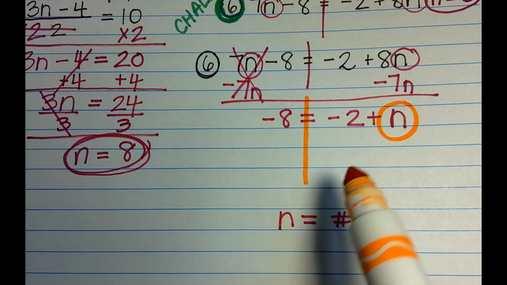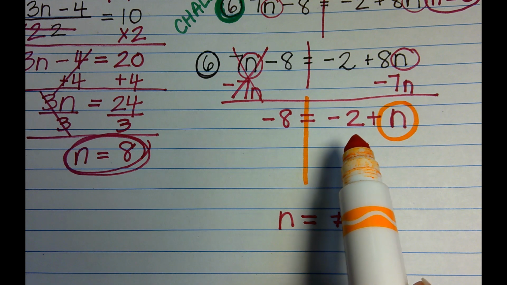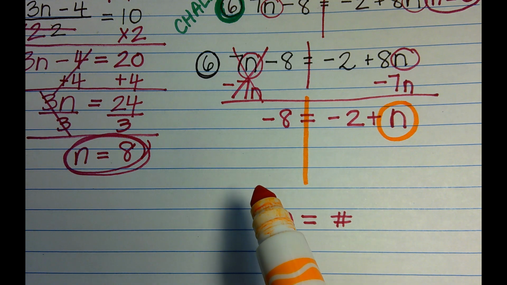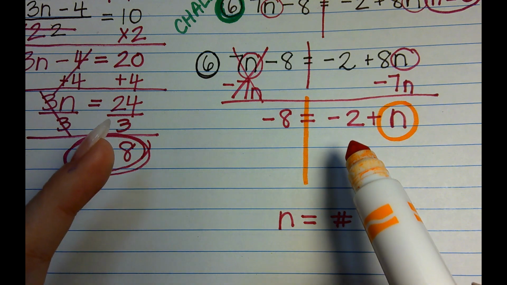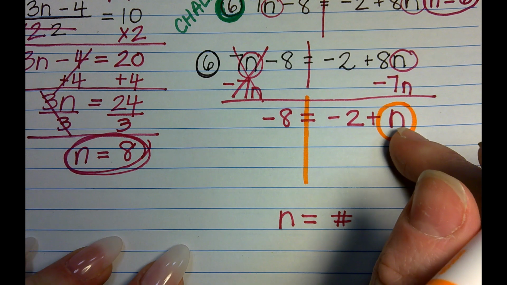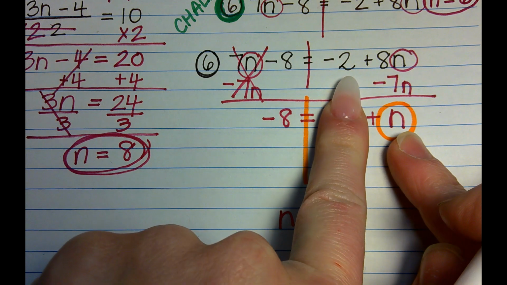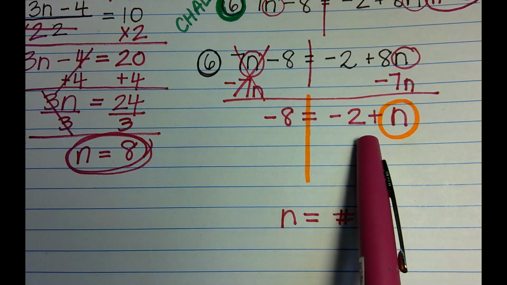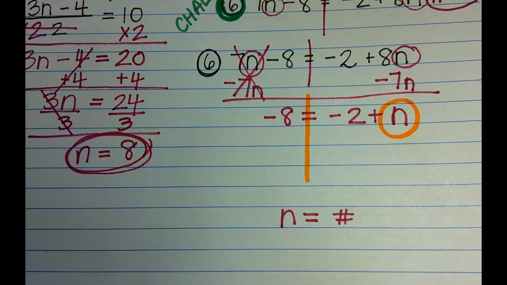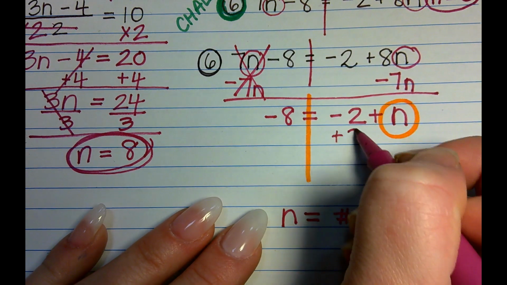So I think it's going to make more sense to add 2 on both sides, because we want to get n by itself. If we get rid of negative 2, then n's by itself. If we got rid of 8, we would then have 0 equals a number plus n, and then we'd have to do more subtraction again. So let's add 2.